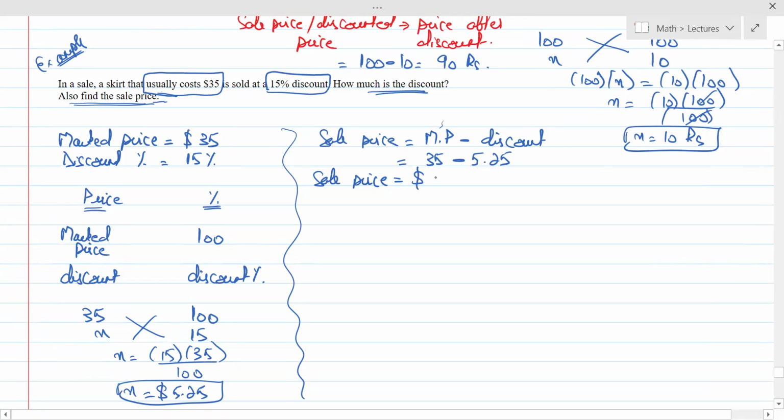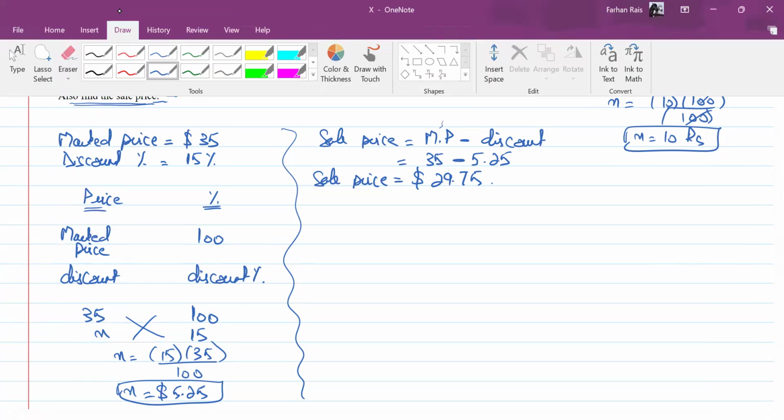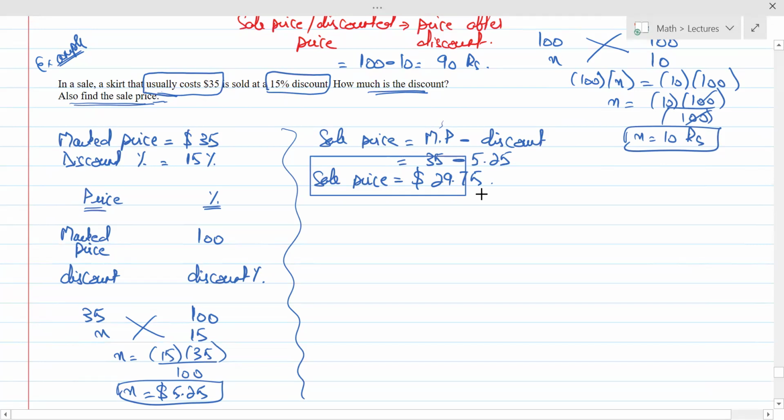So we have the sale price as 29.75. That's one way of finding the sale price.